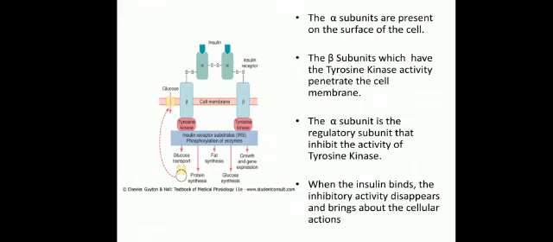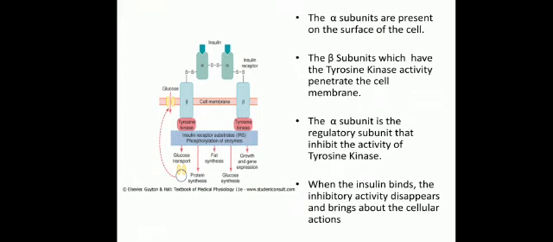When insulin comes and binds to the receptor, the inhibitory control of the alpha subunit on the beta subunit or tyrosine kinase activity disappears, and the cellular actions of insulin begin. Is that clear? Now the glucose enters the cell through GLUT2 and the process continues. So please keep that in mind, the alpha subunit.